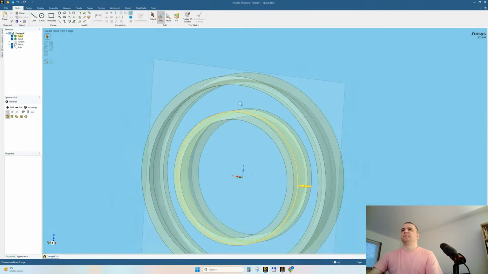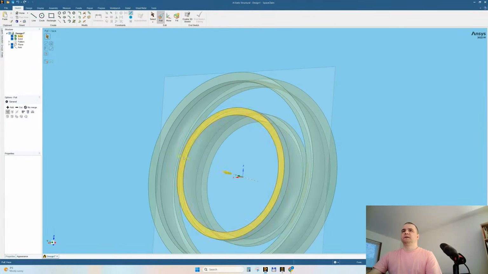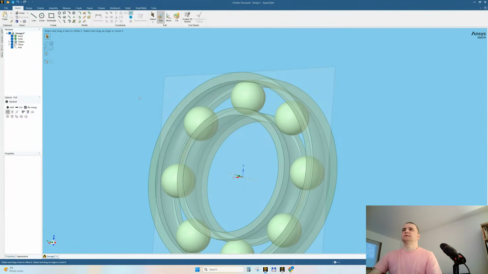Yes. We have the cut, right click, show all bodies. And now we can easily go and see the allowance, the gap that I left between the ball and the groove.